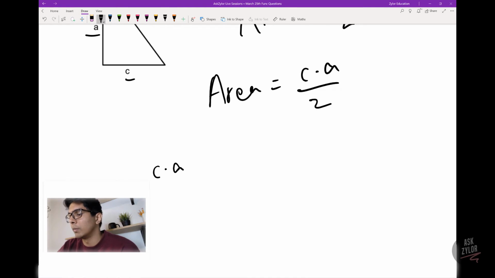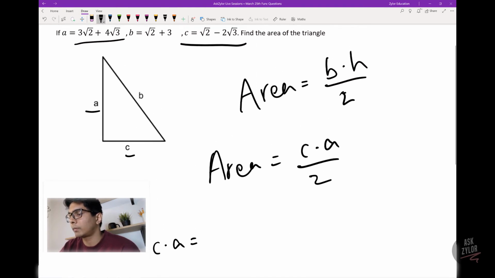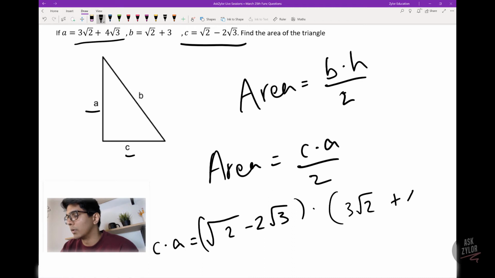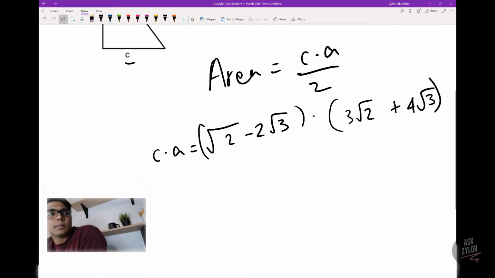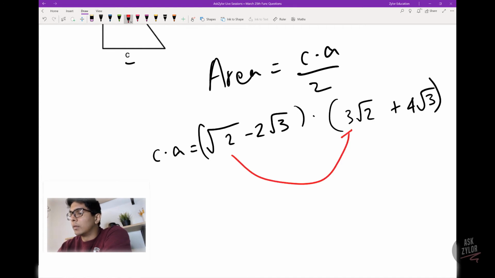C times A is going to be (2 minus 2 root 3) multiplied by (3 root 2 plus 4 root 3). So for this, we're just playing with radicals. We need to distribute each of these terms.